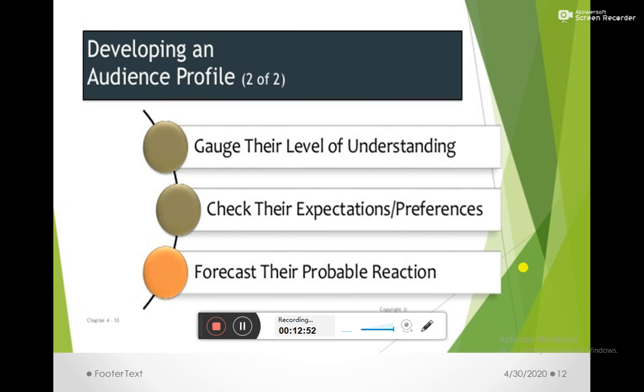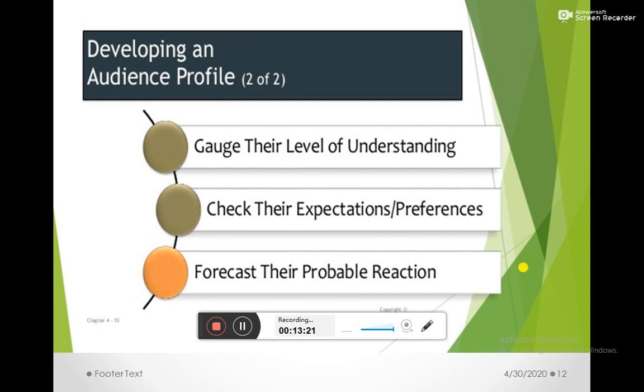The last point is to forecast their probable reaction. As you will read later in this chapter, the way you organize a message should depend on the reaction you expect to get from your audience.